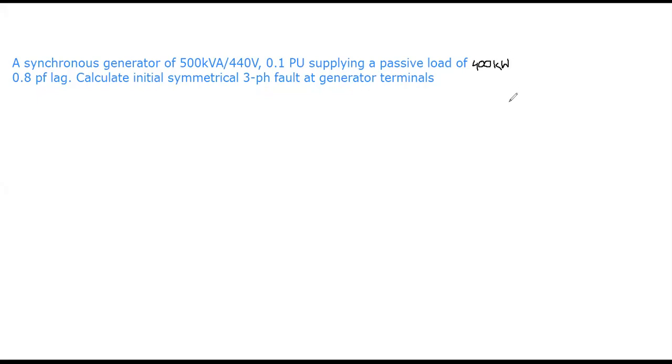Please make a note: a synchronous generator of 500 kVA by 440 volts, 0.1 per unit, supplying a passive load of 400 kilowatts, 0.8 power factor lagging, and calculate the initial three-phase symmetrical fault current.